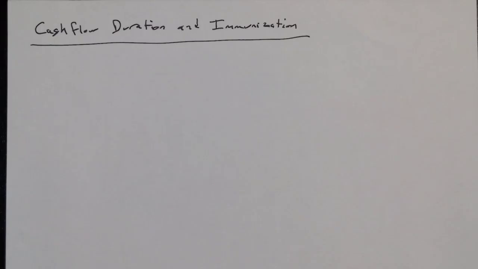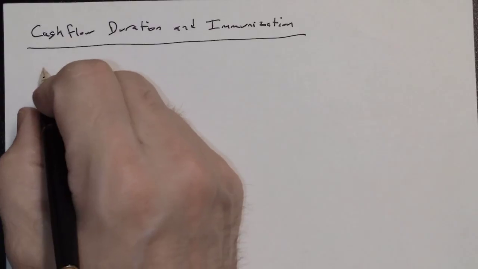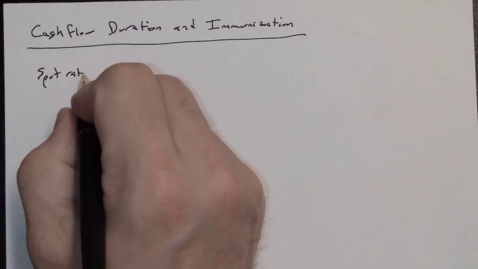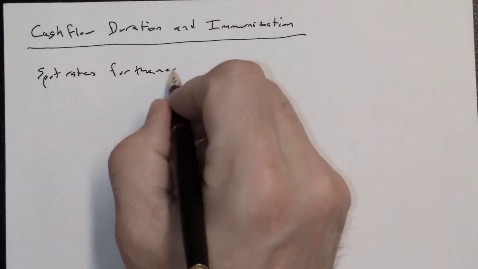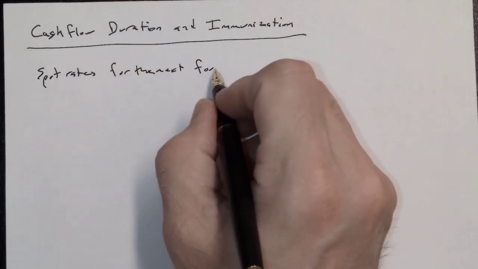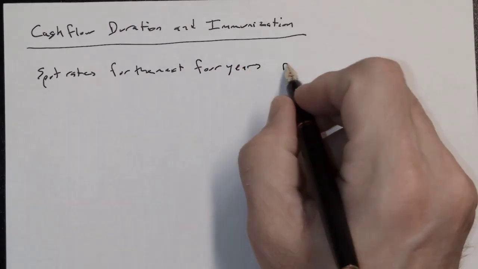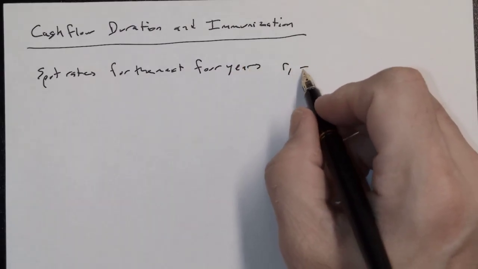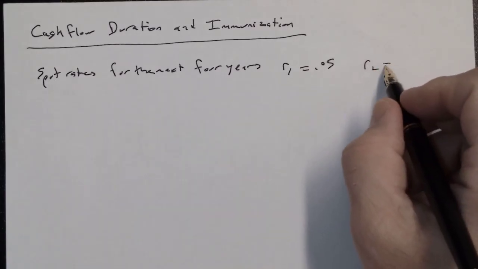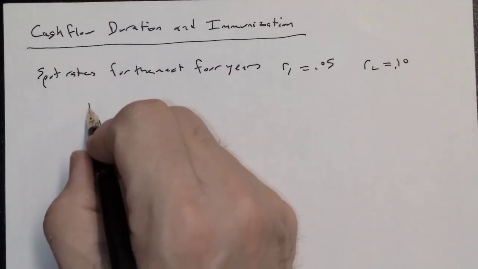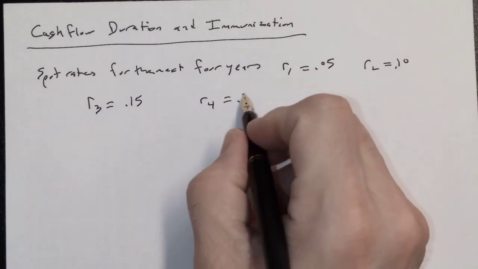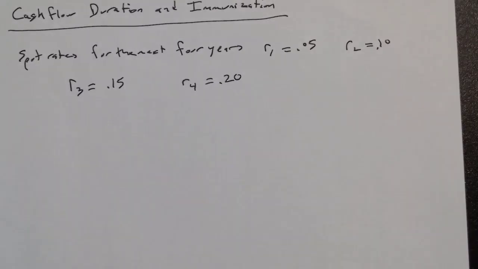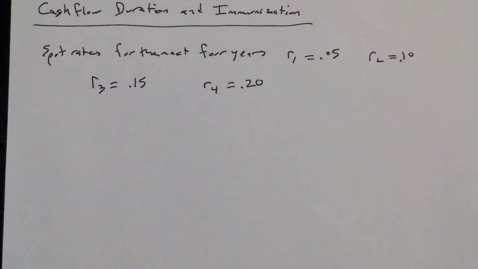Well, I'm going to walk through this first example in the text. Let's consider the spot rates for the next 4 years. R1 is 5%, R2 is 10%, R3 is 15%, and R4 is 20%. These are dramatically increasing.